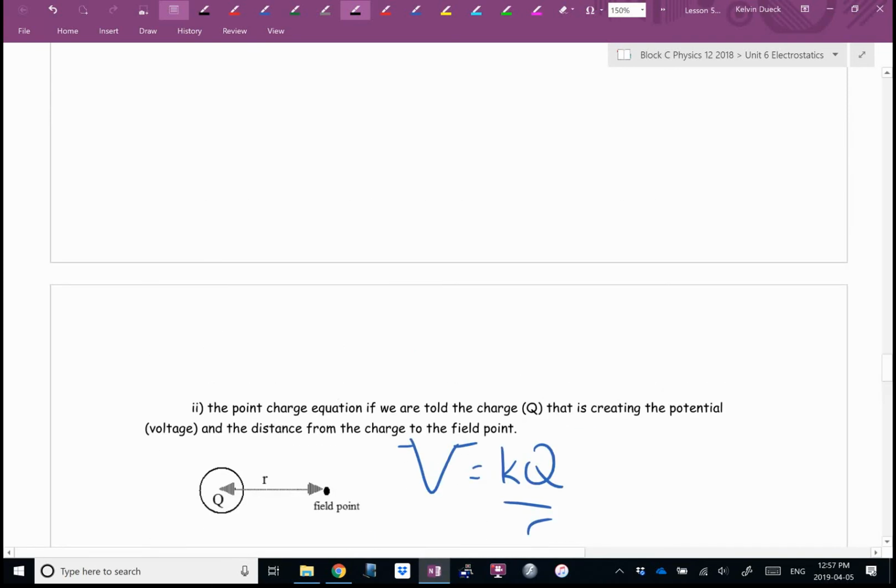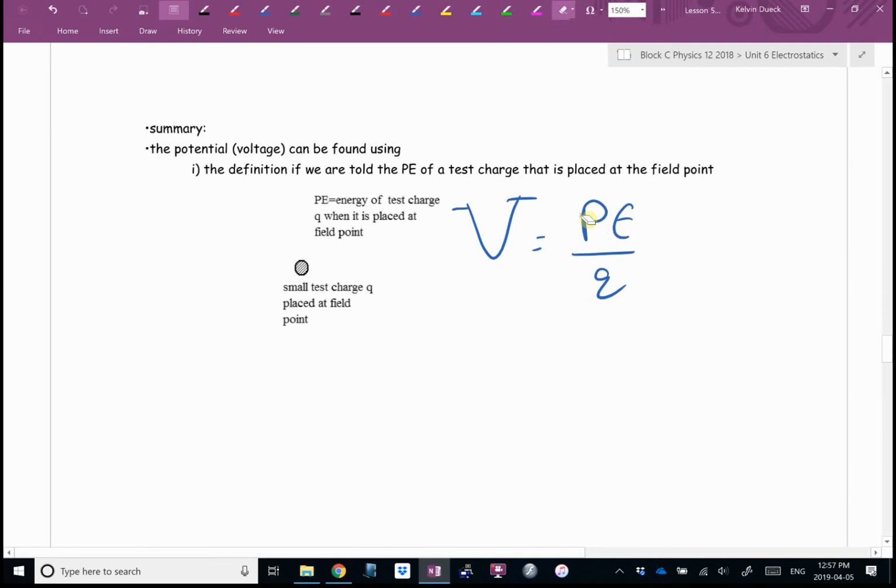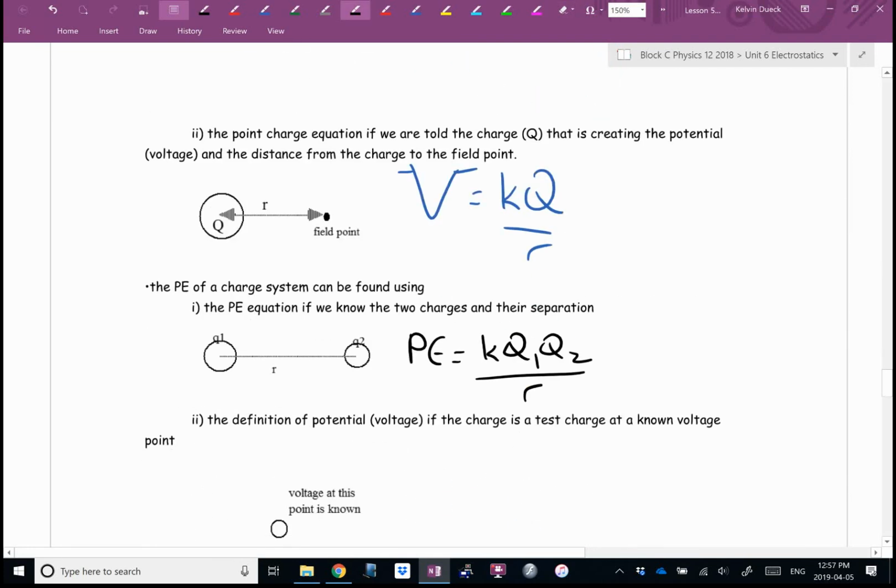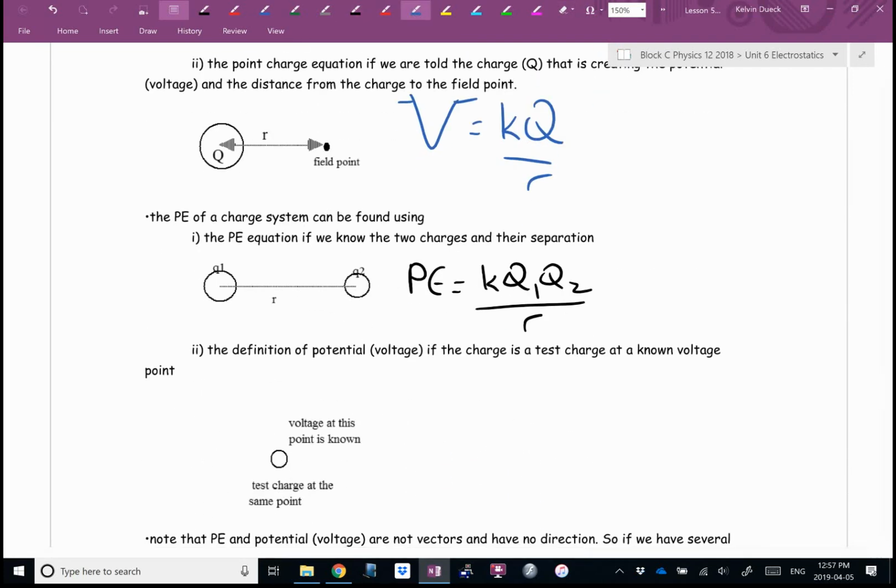Or I can get this potential energy by itself. It's QV. I can find it if I know the voltage at a location. Then just tell me how big the charge that you're putting at that location is, and I can tell you how much energy that charge will possess.